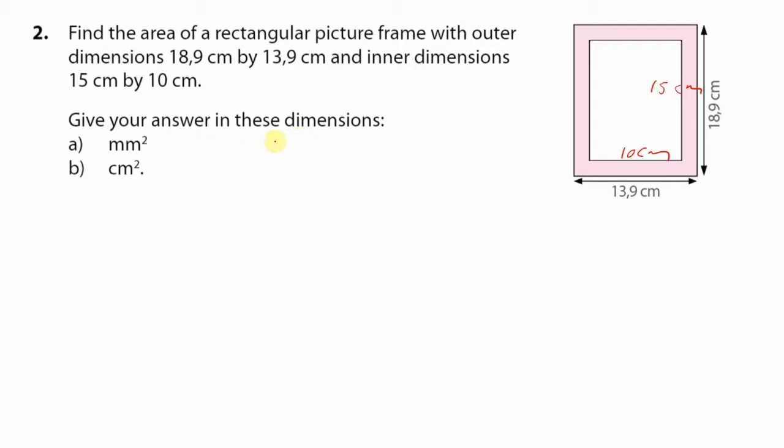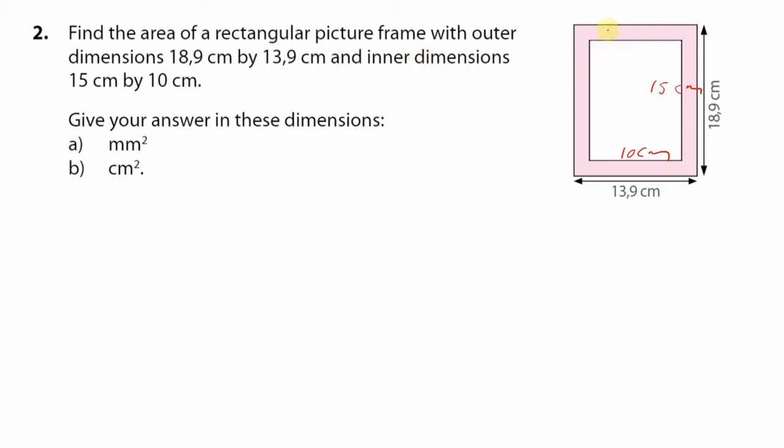Give your answer in these dimensions, millimeter squared and centimeter squared. Okay, so let's do the centimeter first, given that all the measurements are already in centimeter. So we need to find the area of a rectangular picture frame.